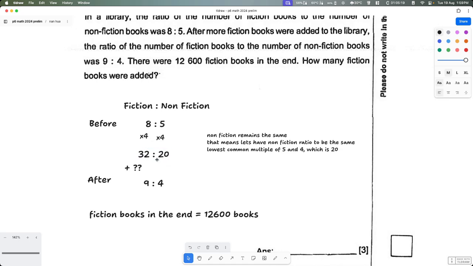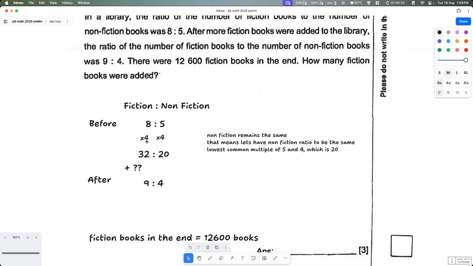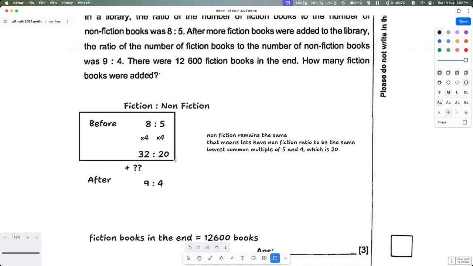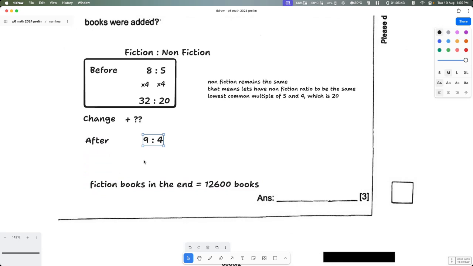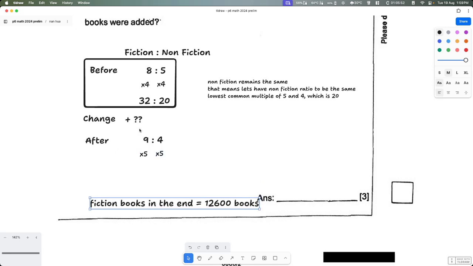Then for 9 to 4, we just times 5. So the before looks like this, and then when you add, this is the change, a change in the fiction. And for the after, we have 9 is to 4, but this time we multiply both by 5. 9 times 5 is, I always forget, 45, and 4 times 5 is 20.